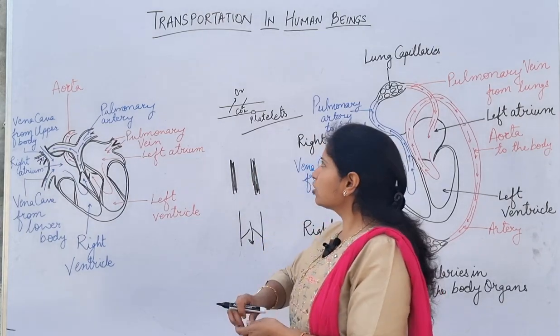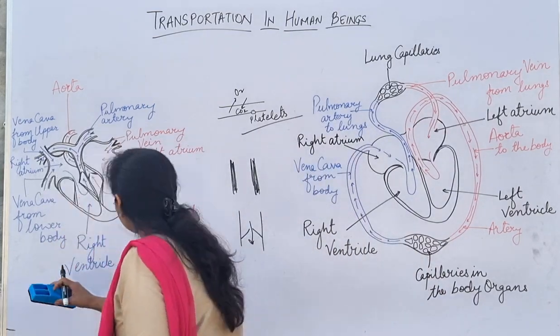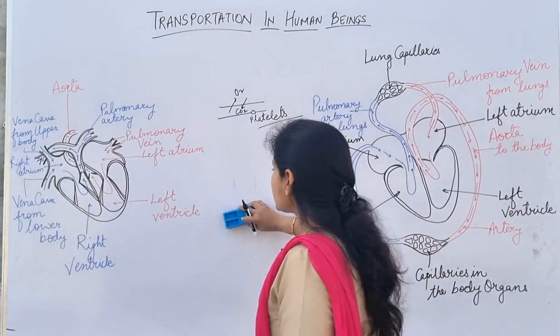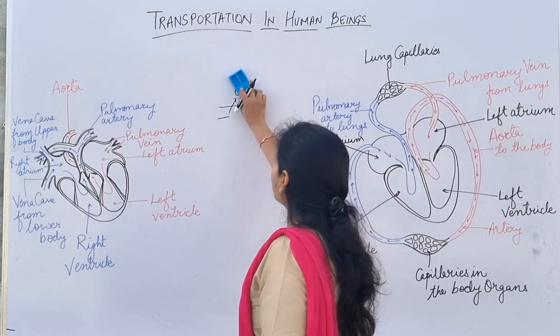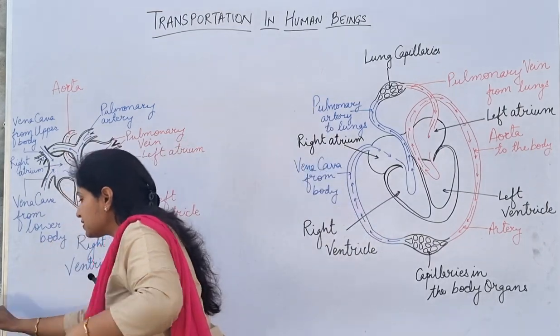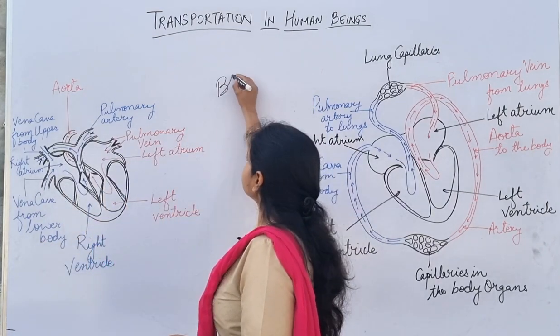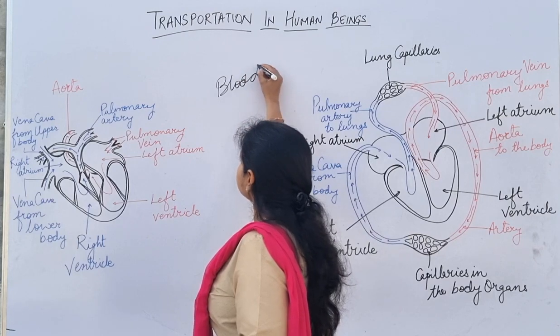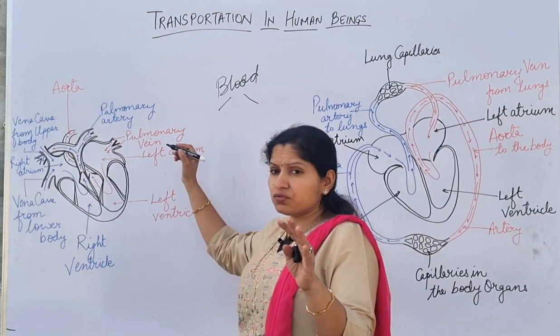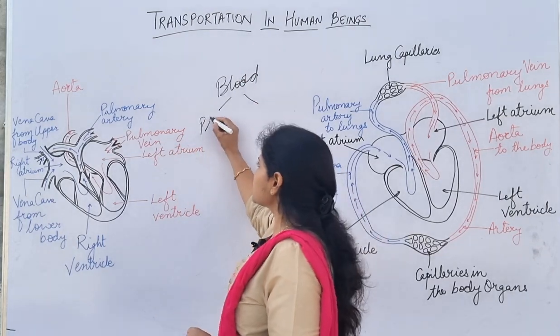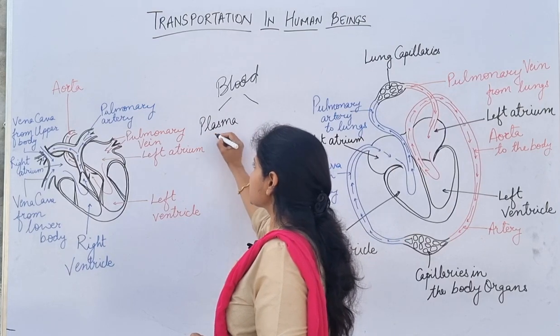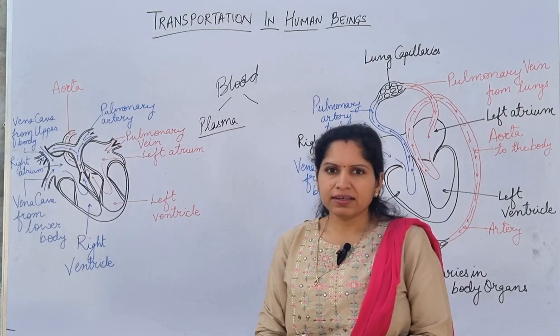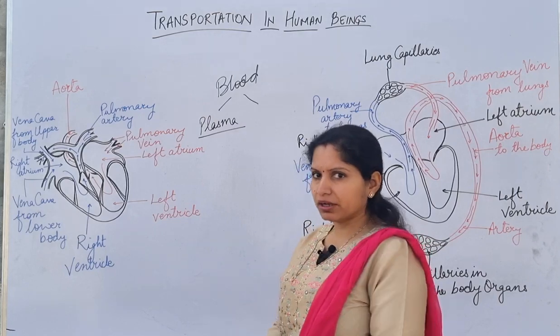Okay, now let's talk about blood in general. What are the components of blood vessels we have seen, and now let's see about the components of blood. Blood consists of mainly two parts. One is the fluid part of the blood, that is known as plasma. That is the fluid part of the blood.